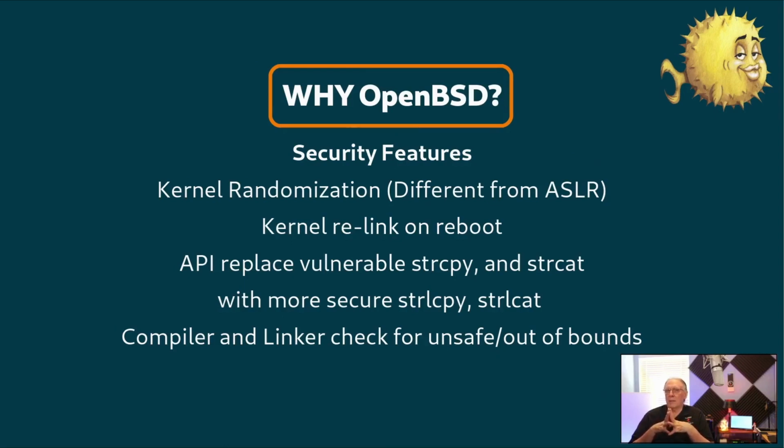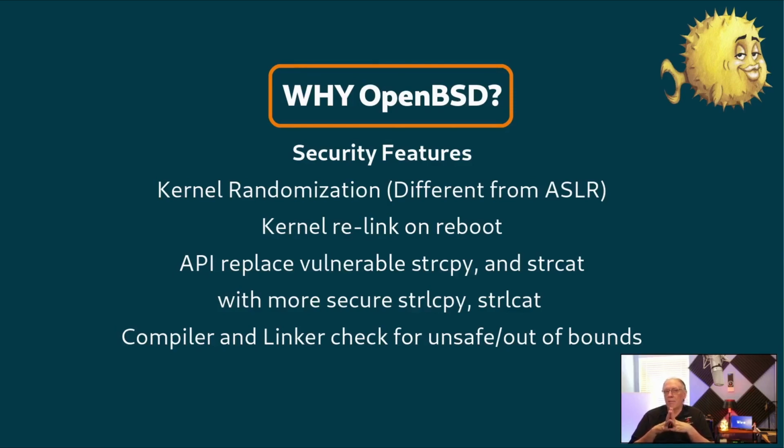They've come under some criticism from a lot of people, but I'm not here to criticize them. I think the things they are doing are quite amazing, actually. For example, kernel randomization, where you have ASLR. It's not the same as ASLR as Linux uses, but it is truly trying to randomize the kernel.